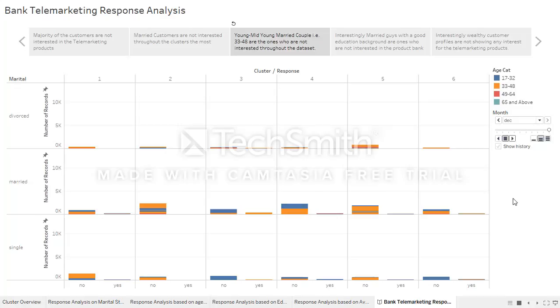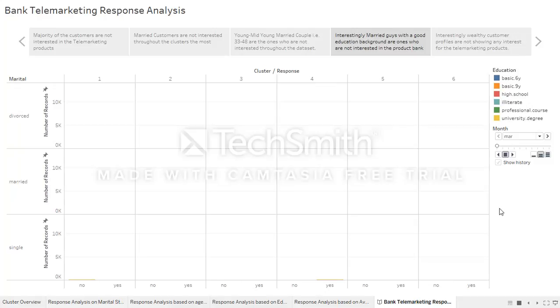After analyzing the insight from this story point, we came to know that young to mid-young married couples, those with age 33 to 48, are the ones who are not interested throughout the campaign.